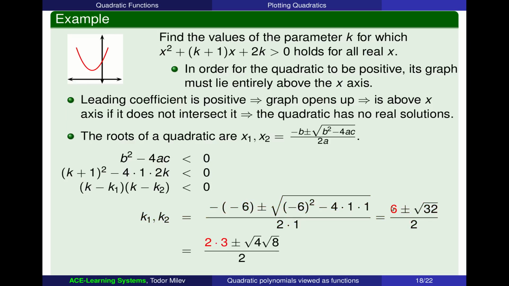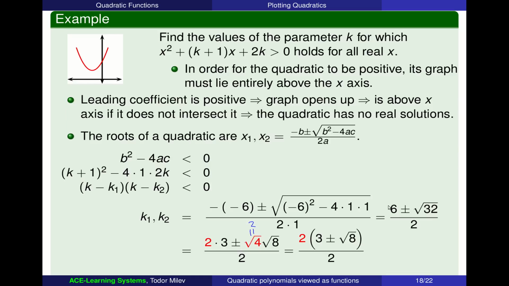Now let's continue. 6 is 2 times 3, and radical of 32, well, 32 is 8 times 4, so radical of 32 is radical of 4 times radical of 8. Why did I do that weird splitting? Well, because radical of 4 is equal to 2, and I can factor out a 2 from here and from there.